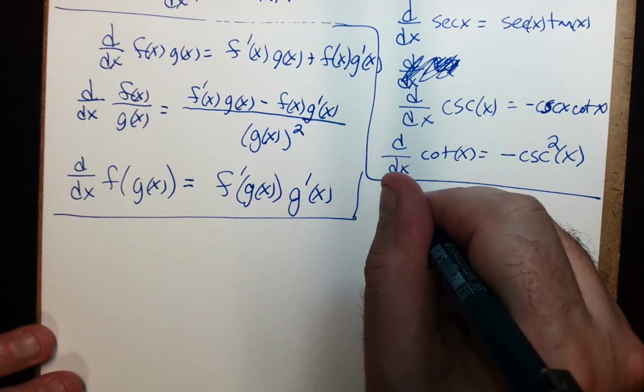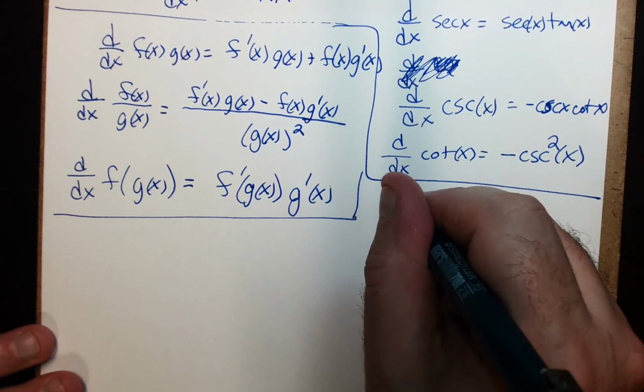And chain rule, which is the derivative of f of g of x, is f prime g prime x. Okay, so to all of these rules, we add this one, right?